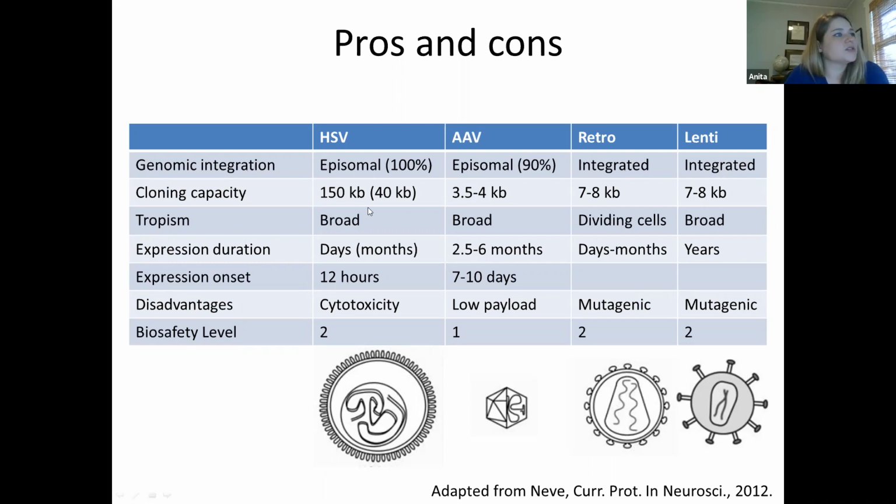So basically, broad meaning a lot of cell types. You can actually go and look up a lot of tables out there, but basically it's what types of cells, like heart, lung, brain, kidney, and then also dividing, non-dividing. And with some of these, you can even get into the nitty-gritty of whether it's preferring glia versus neurons.